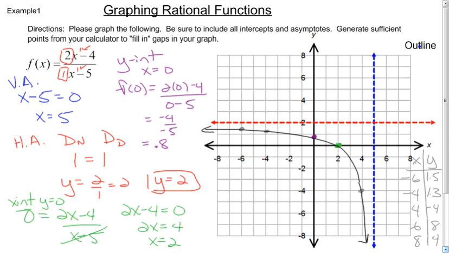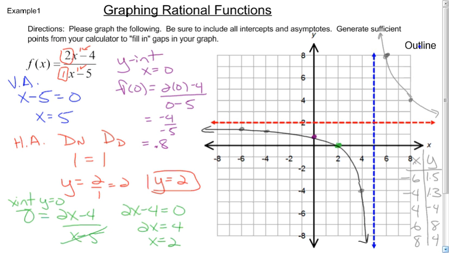You could kind of just fill in the graph that way. Now for 6 being an input, we get 8 being an output. And for 8 being an input, you get 4 being an output. And for how we know asymptotes work, you probably can draw the rest of that graph in like this.